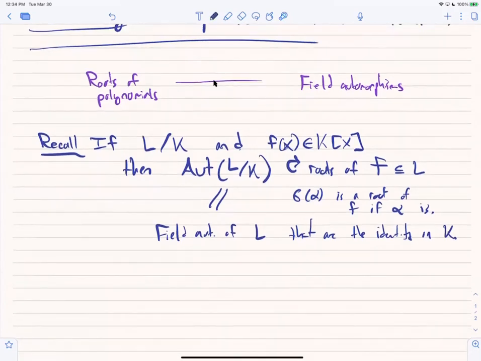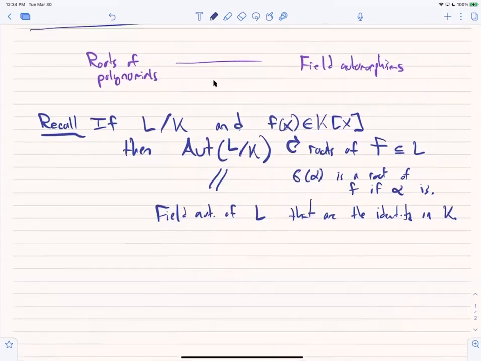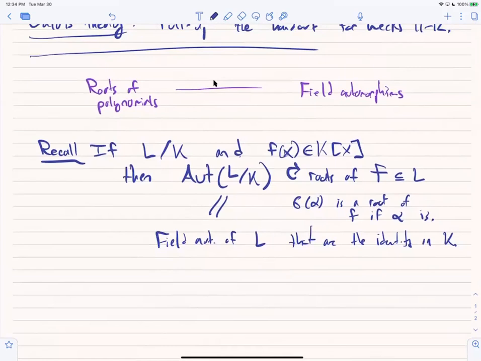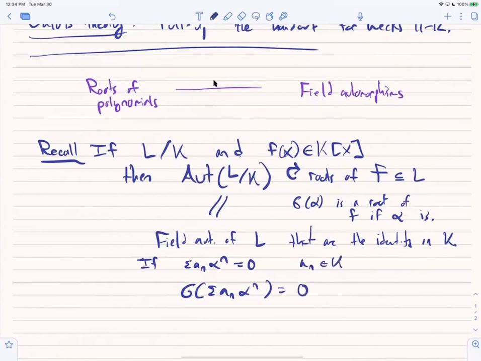Okay. So this is the start of the connection. And let me recall the reason. If the sum of a_n alpha to the n is equal to 0, where these a_n are in K, then sigma of the sum of a_n alpha to the n is equal to sigma of 0, and sigma of 0 is 0.